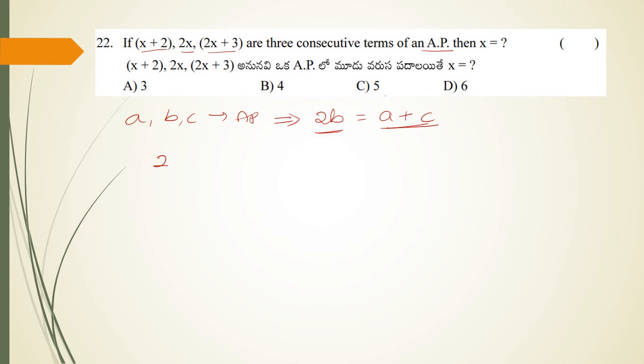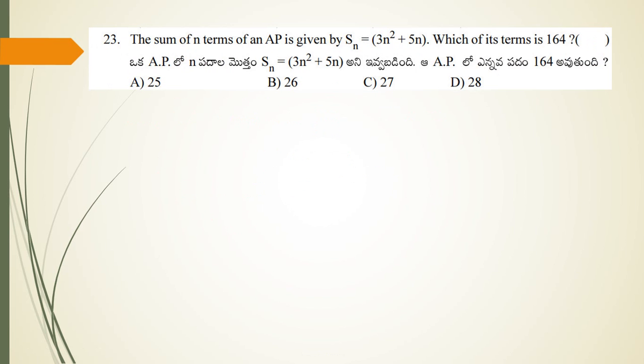So from this I can say, 2 times 2x is equal to x plus 2 plus 2x plus 3.